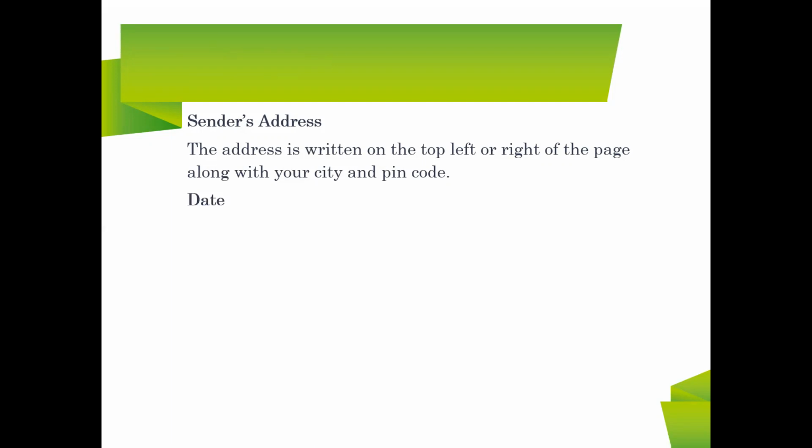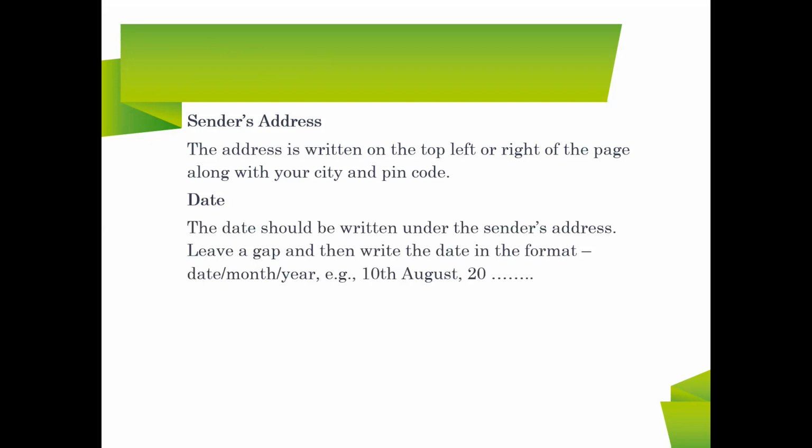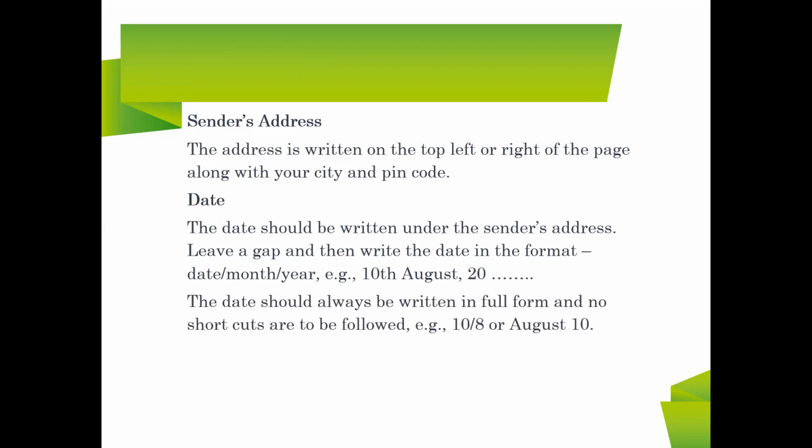Then after that, you have to write the date. The date should be written under the sender's address, and you have to leave a gap between the address and the date. The date is usually written in the format of the date first, followed by month, and then year. You can write it as 10th August 2021, etc. And the date should always be written in full form, and no shortcuts are allowed.